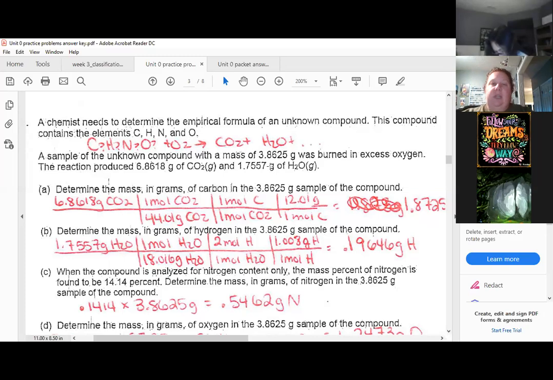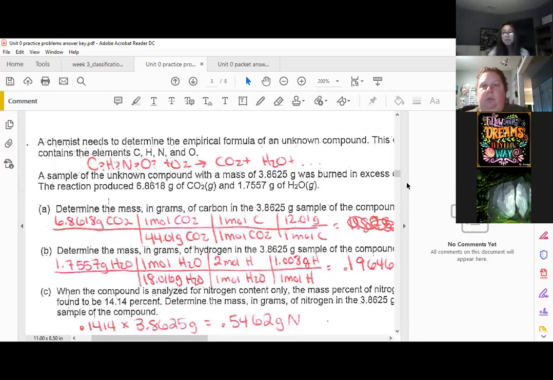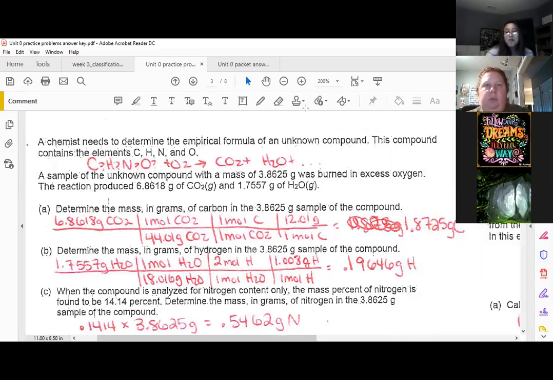So just like the problem that Julian asked about, we can start with the grams of carbon dioxide that they gave us. Turn that into moles because we always want to turn everything into moles. Use that same ratio to say that any carbon that shows up in that carbon dioxide had to come from our initial reactant.